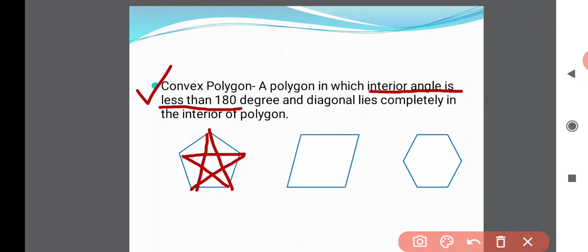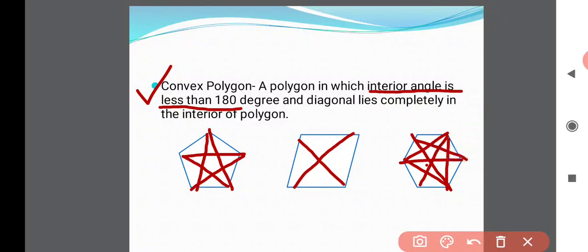Again here, diagonals are completely inside. Another figure, all the diagonals are in the interior. All the diagonals are in the interior of the polygon.